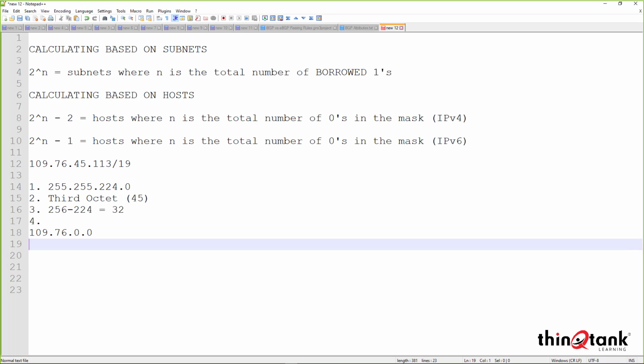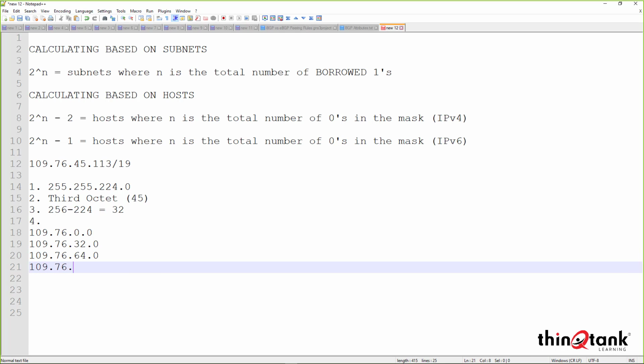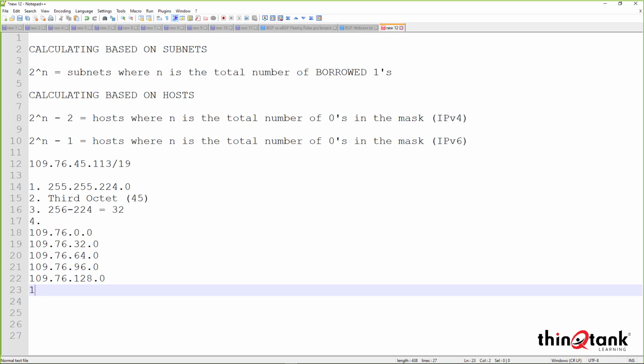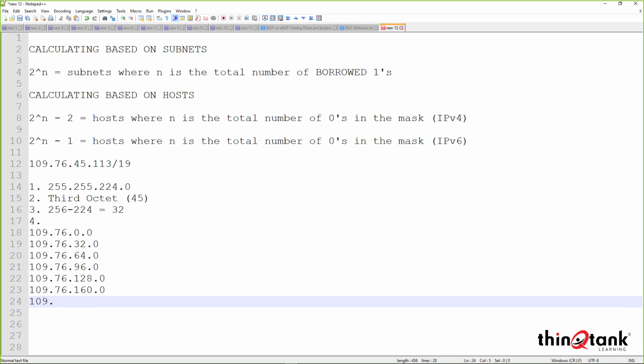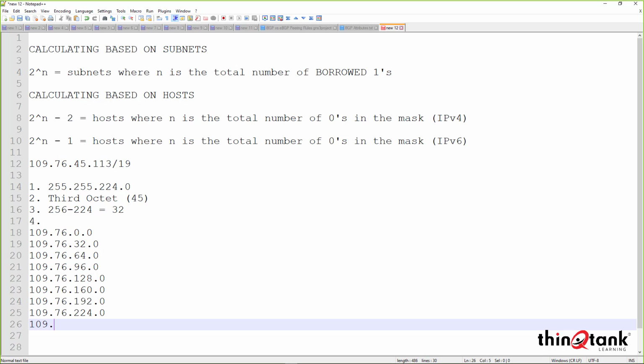109.76.0.0, 109.76.32.0, 109.76.64.0, 109.76.96.0, 109.76.128.0, 109.76.160.0, 109.76.192.0, 109.76.224.0, and then if I were to add another one, it would be 256.0, so that doesn't exist.